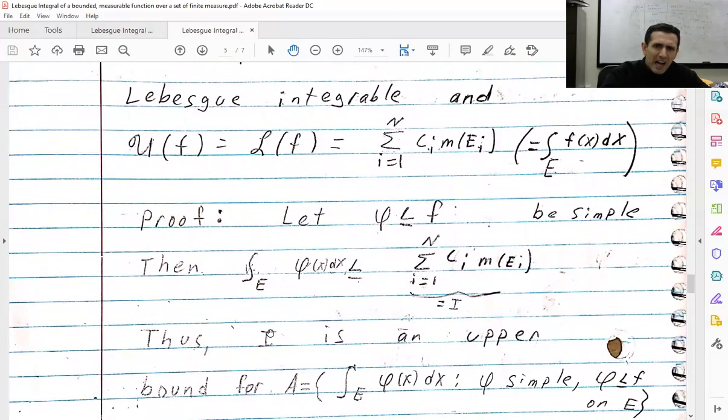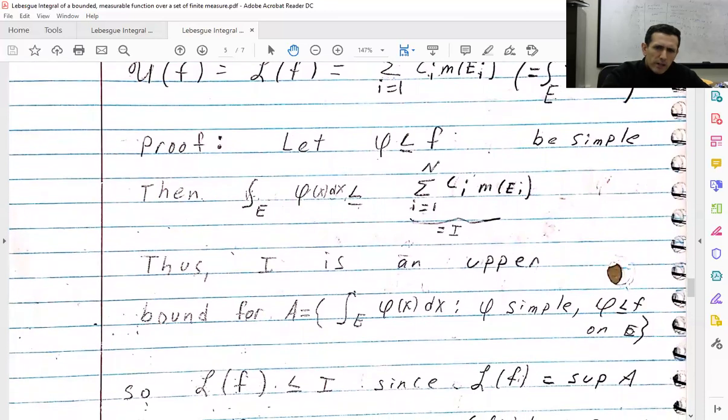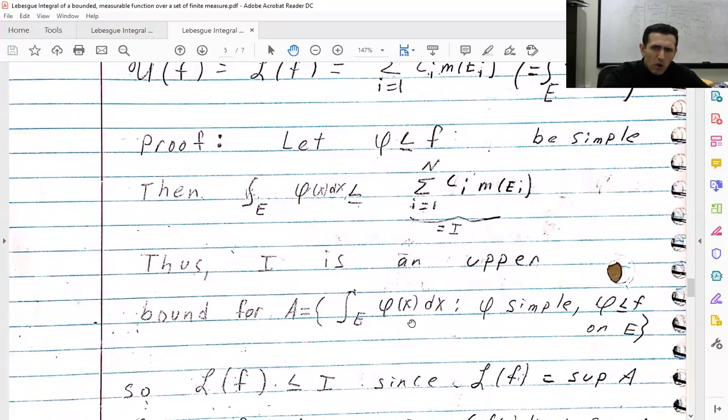Well, it says that if I is the sum here, then I is an upper bound for this set of Lebesgue integrals. Again, here this is the old definition of the Lebesgue integral. So it's an upper bound for this set here, which is a set of all these integrals over simple functions that are less than or equal to f on E. Well, the lower Lebesgue integral is the supremum of all these integrals.